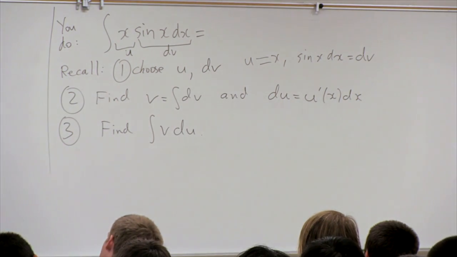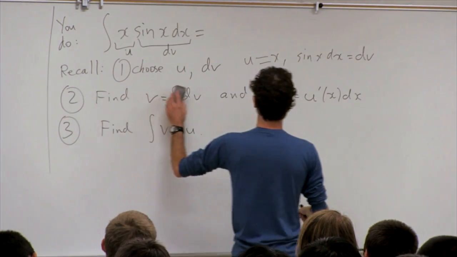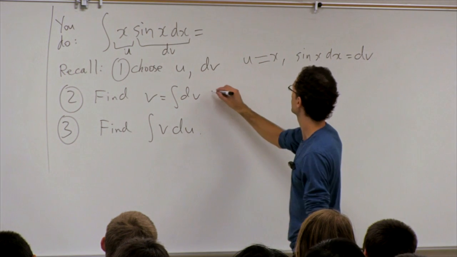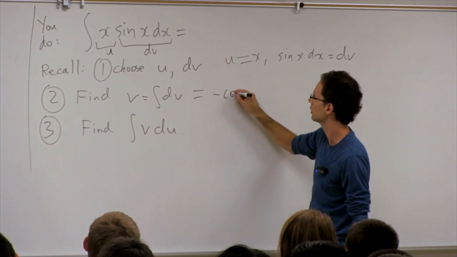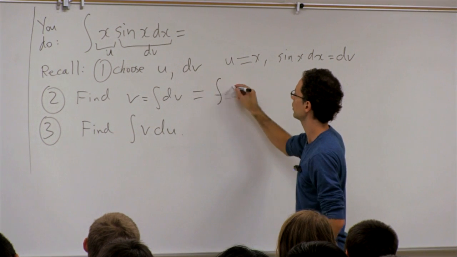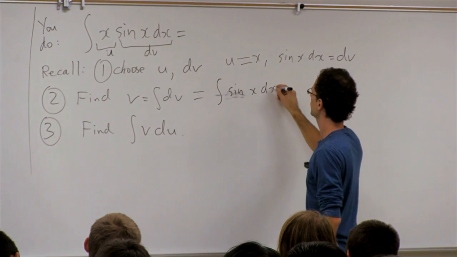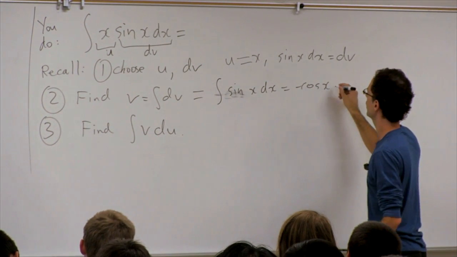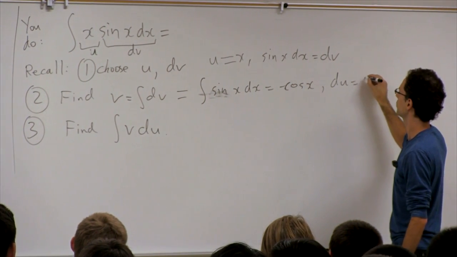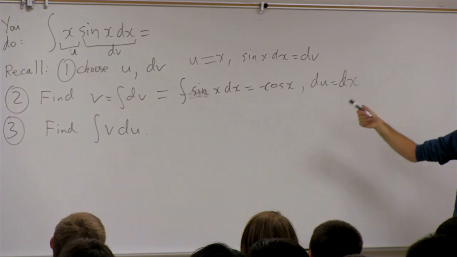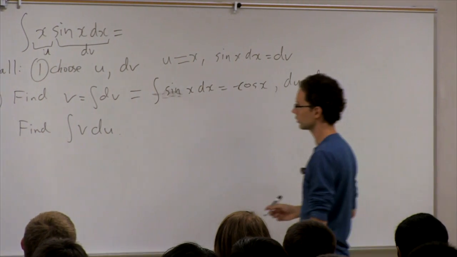And this is, again, almost routine. This is the integral of sine x, which is simply minus cosine. We just write that here: the integral of sine x dx is minus cosine of x. And du is simply the derivative of x with respect to x. It's just dx.